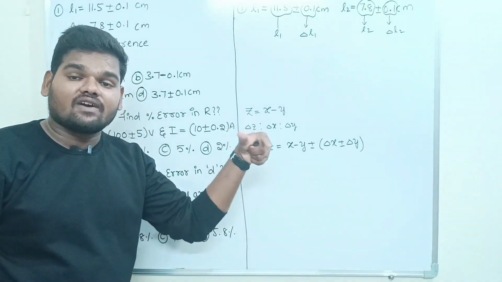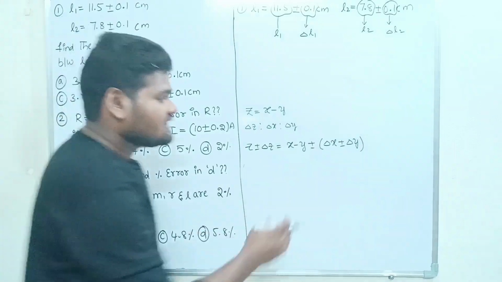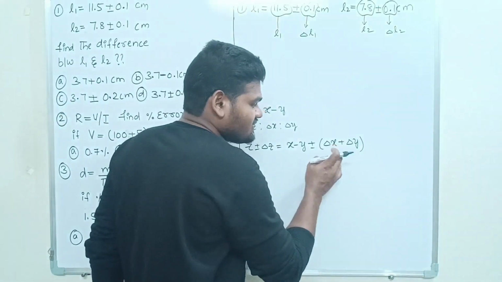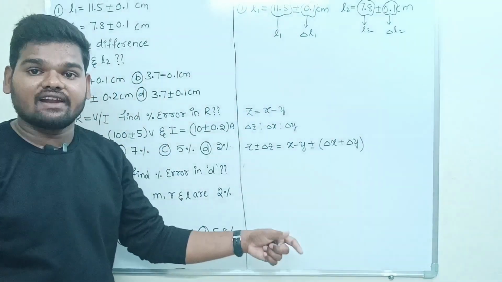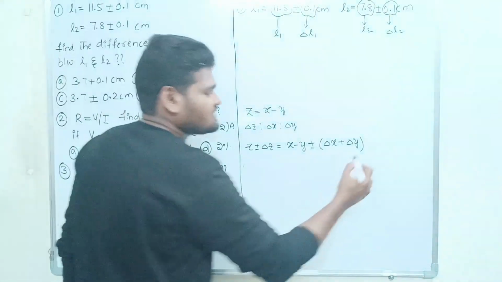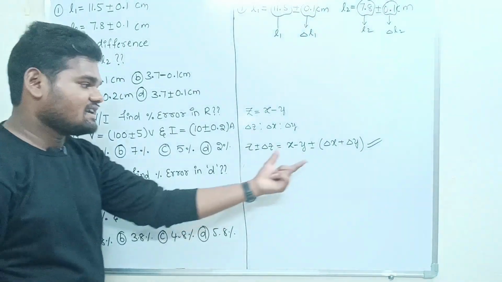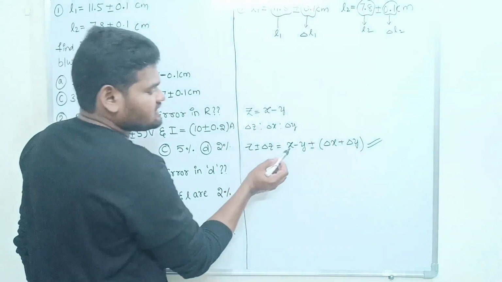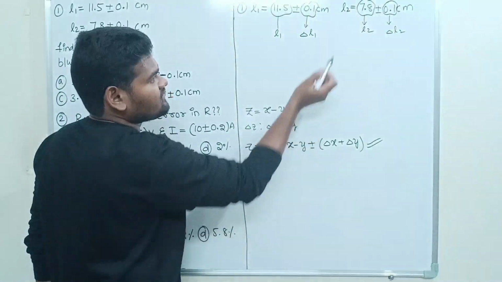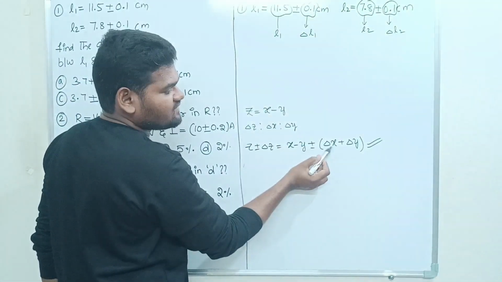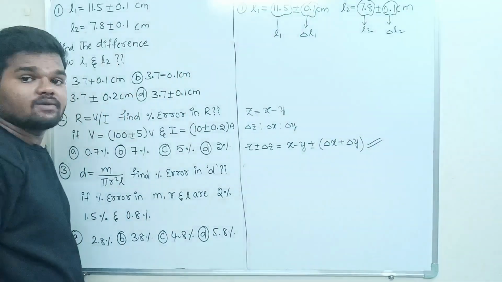If we want to find the maximum possible error, we take the maximum possible error as delta x plus delta y. Then we get the answer. Is it clear? In place of x, we have L1. In place of y, we have L2. In place of delta x, we have delta L1, and for y we have delta L2.